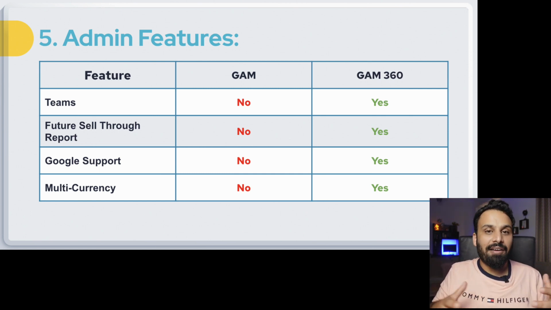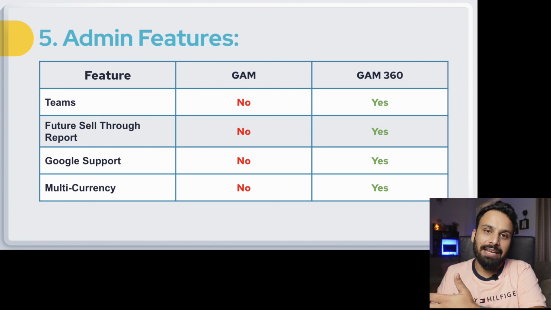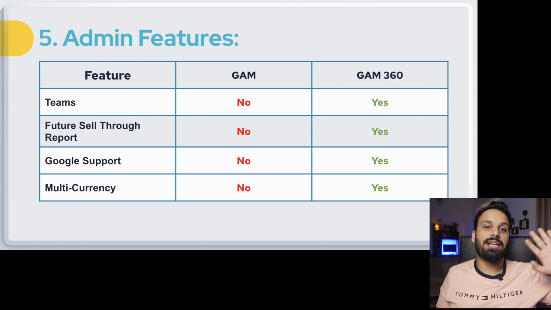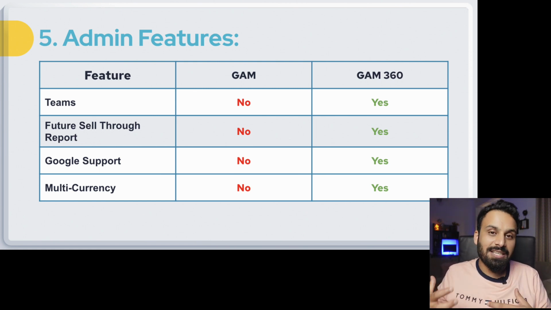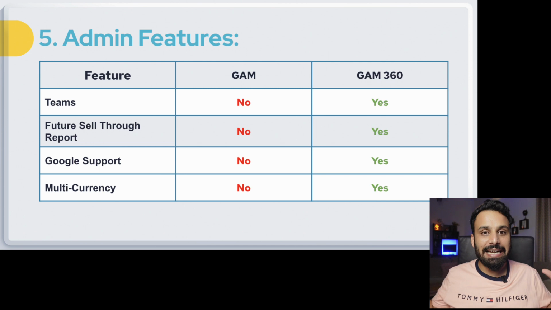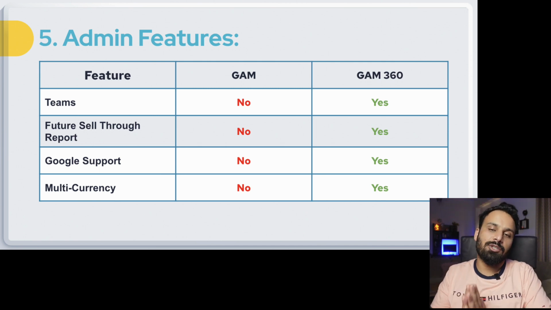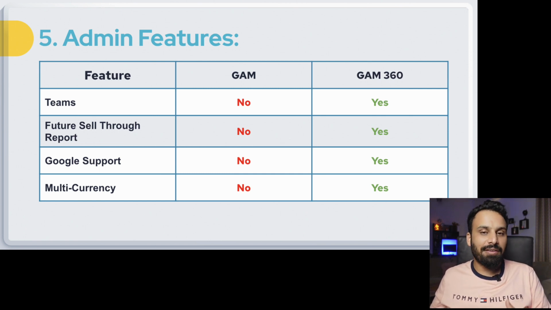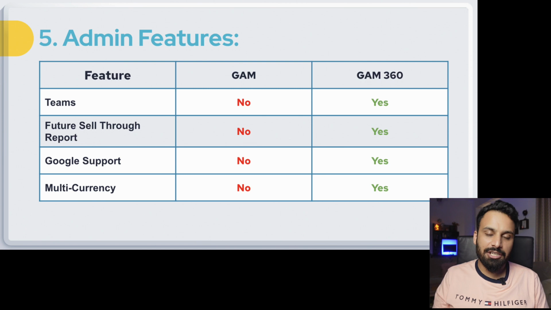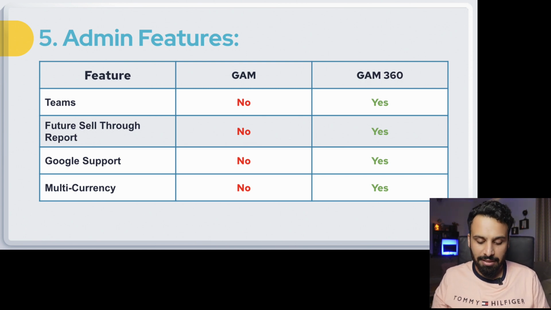That team will only have access to ad units on bbc.in, and they will only have access to advertisers who are willing to show ads on the bbc.in version. So generally, how this is managed within big companies is creating teams and giving access to their associated inventory, websites, and advertisers. So this feature is not available in Google Ad Manager, but available in Google Ad Manager 360.